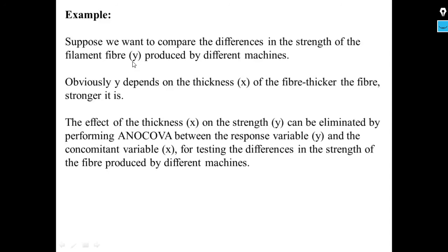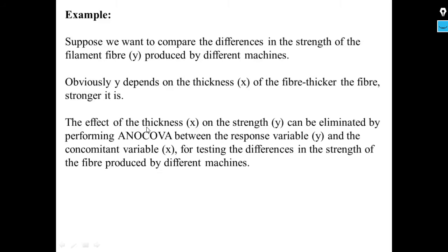We know that the strength of filament fiber depends on the thickness of that fiber. If the fiber is thicker, then it is stronger. So y is the strength of the filament and it depends on the thickness of the fiber, and that thickness is our other variable x.